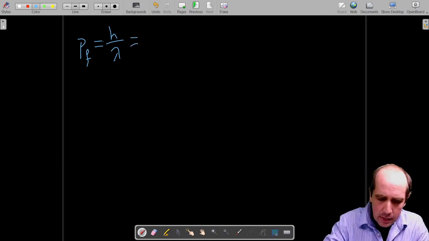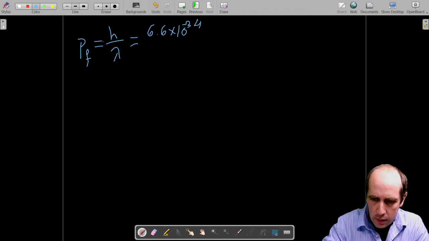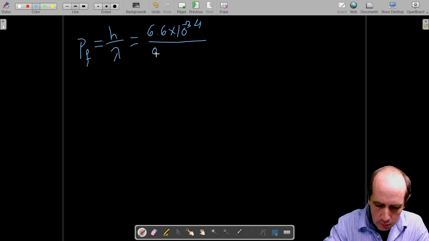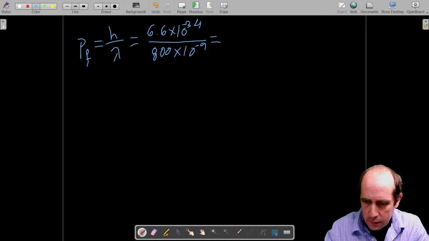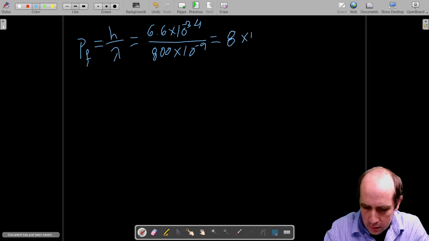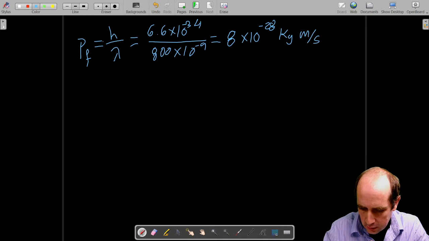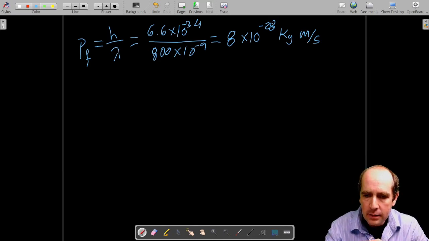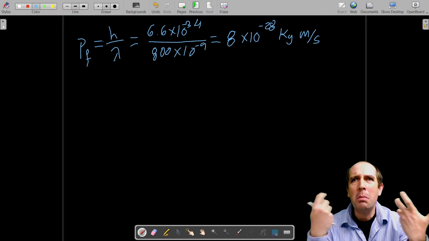The values we have to put in here are 6.6 times 10 to the minus 34, divided by 800 nanometers, which is 800 times 10 to the minus 9. If you solve that, the answer is about 8 times 10 to the minus 28 kilograms meters per second.